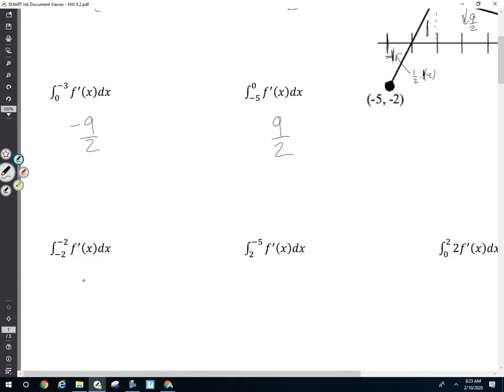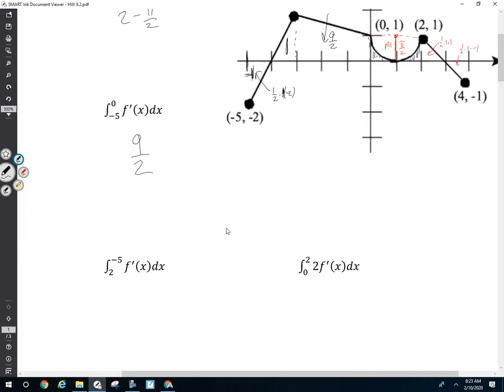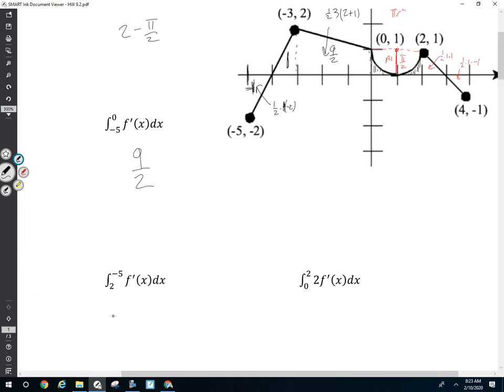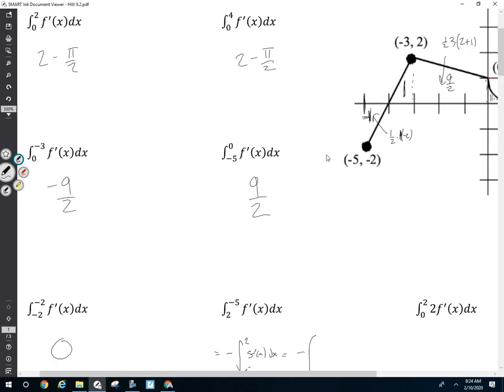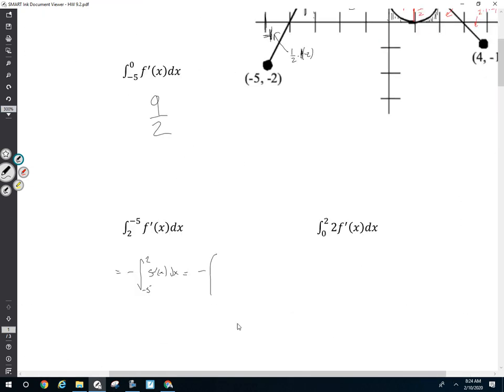From -2 to -2, from one value to the same value, that area is 0. From 2 to -5 is the opposite, and you can just write this right off the bat. Opposite of -5 to 2. So the opposite of -5 to 2 would be 9/2 plus 2 minus pi over 2.